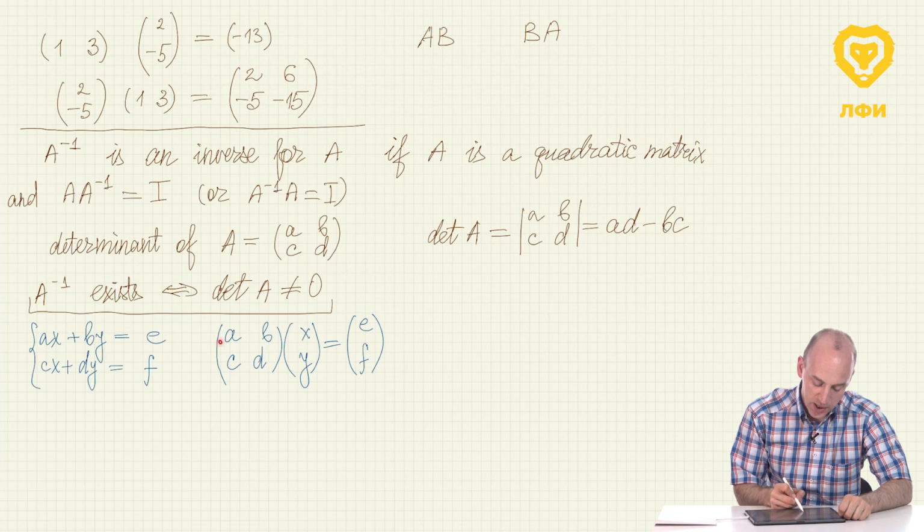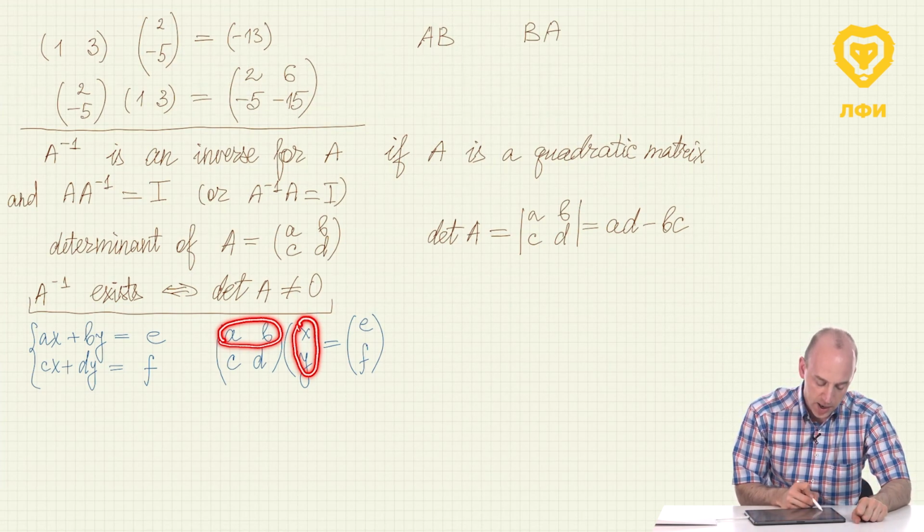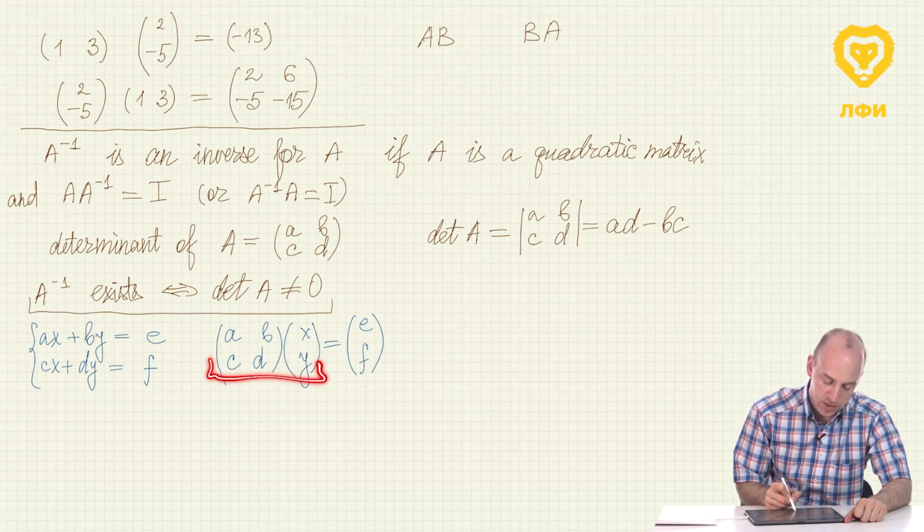Indeed, if we take and multiply the first row of the matrix by the column, the first and the only column, we'll get ax plus by. And if we multiply the second row by the same column, we'll get cx plus dy. And so the left side is in fact a matrix that consists of these 2 elements.